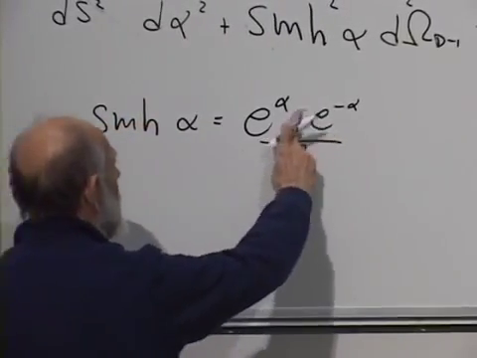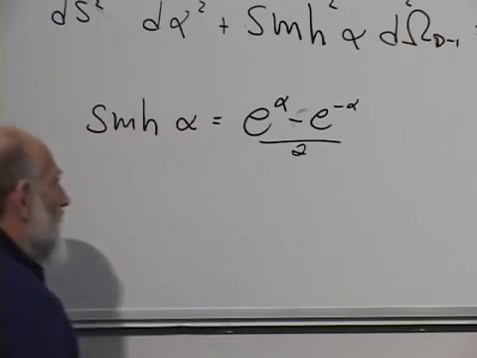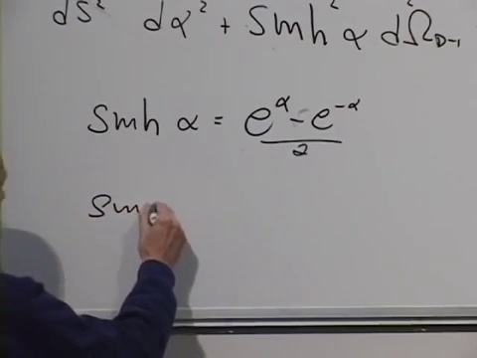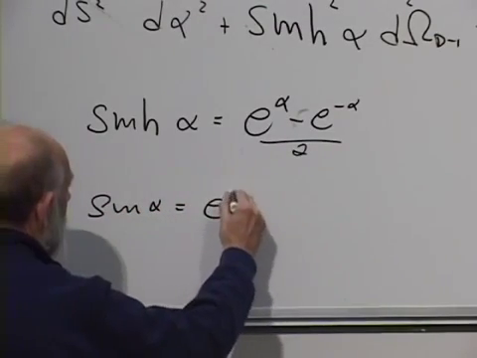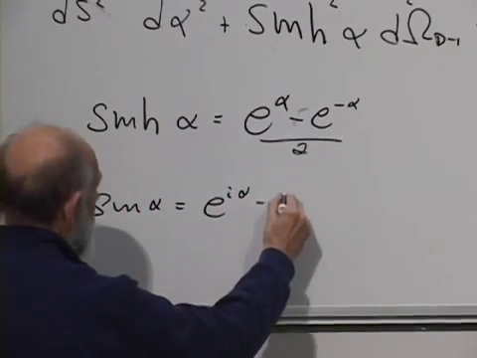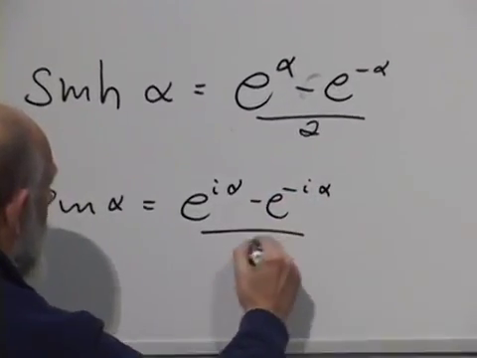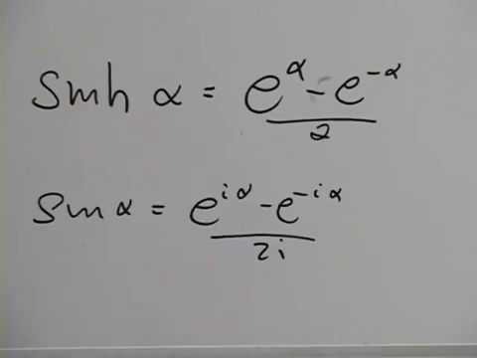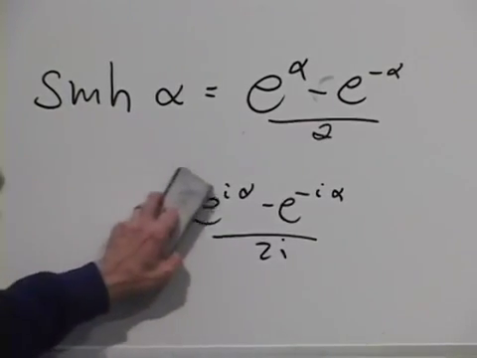It's the analog of the statement that sine of alpha is e to the i alpha minus e to the minus i alpha over 2i. But we don't particularly need this formula here.